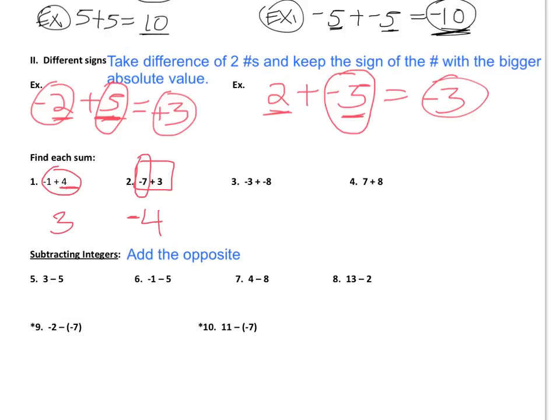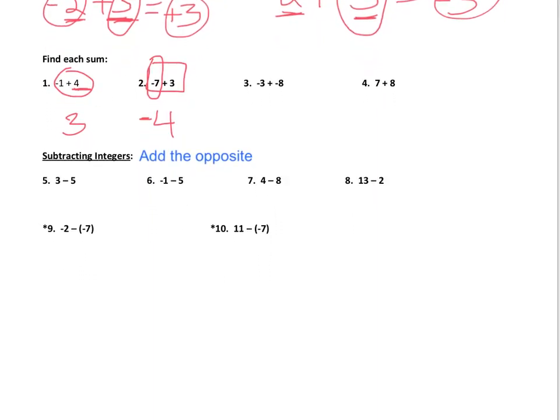Okay? The last part, subtracting, it's really kind of the same thing. You can put that down, add the opposite. If I just did number 5, if you had 3 minus 5, this is the same thing as saying 3 plus negative 5. So then if you had a positive and a negative, I do the same rules.